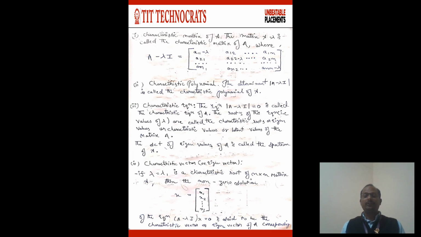In this case, we will get an equation in lambda. After solving this equation, we will get the values of lambda, and such values of lambda are called eigenvalues. For each value of lambda, there is a unique solution that is called the eigenvector or characteristic vector.